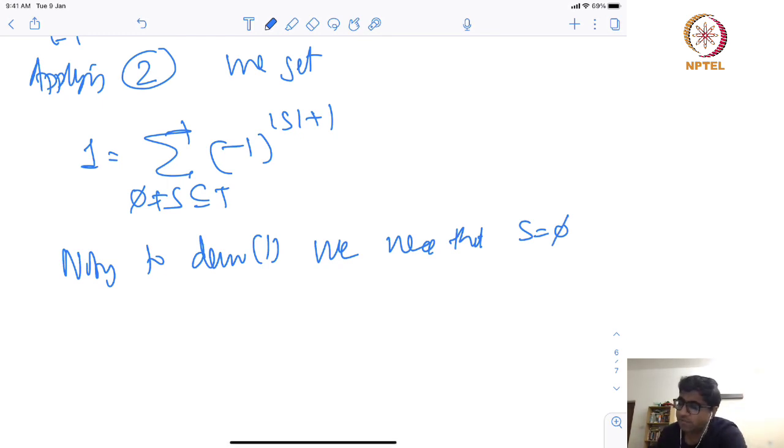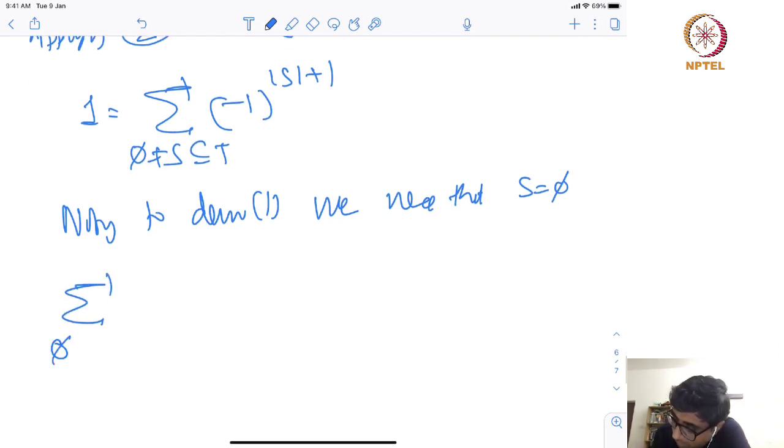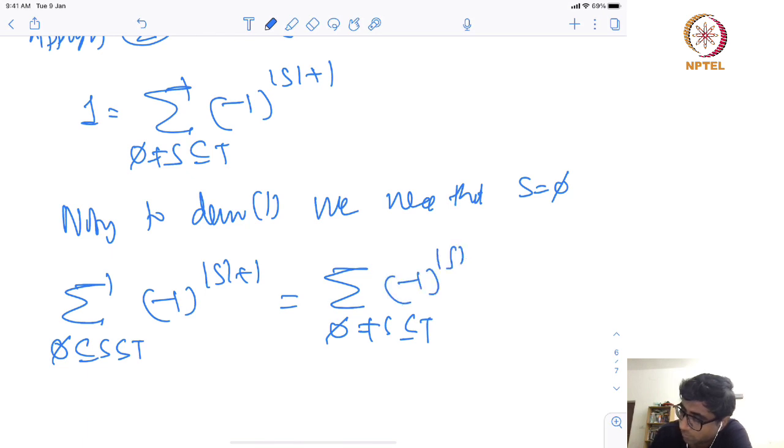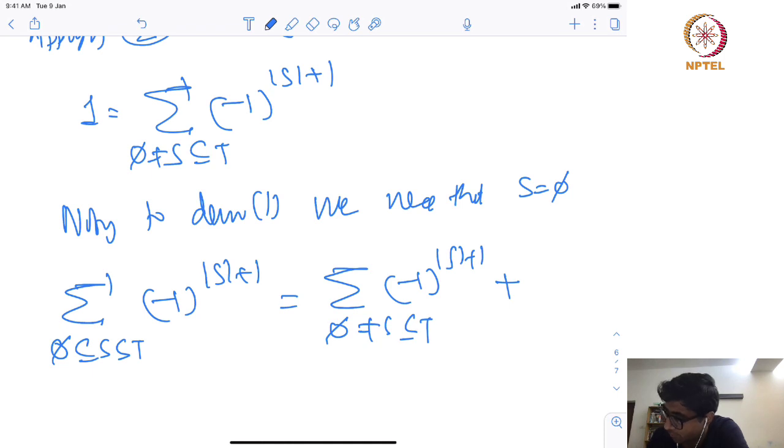But what is the S equal to phi term? Well, I can write the sum of (-1)^(|S|+1) over S subset of T as the sum over phi not equal to S subset of T of (-1)^(|S|+1), plus the S equal to phi term, minus 1 to the power 0, which is 1.